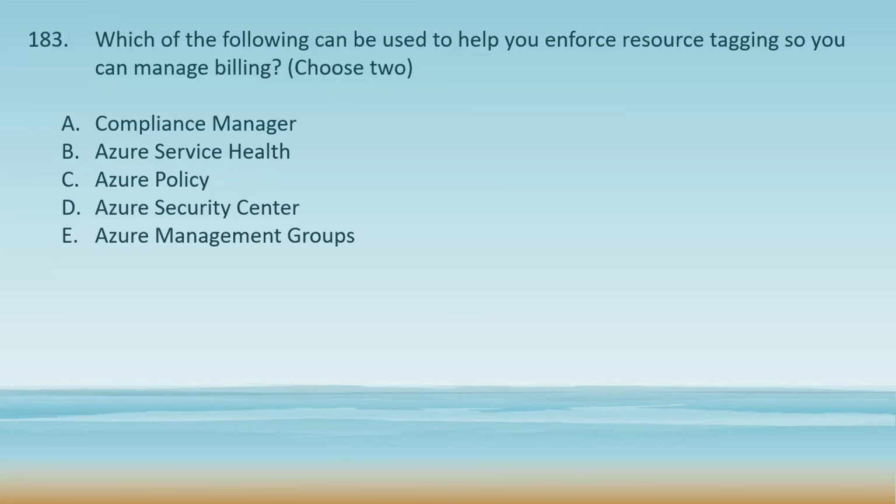To enforce resource tagging and effectively manage billing in Azure, you can use either Azure Policy or Azure Management Groups. Azure Policy allows you to create and enforce policies that can require specific tags to be applied to resources. By defining tagging policies, you ensure that resources are consistently tagged with relevant metadata, making it easier to allocate cost and manage billing.